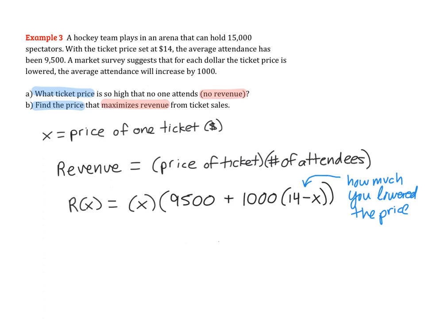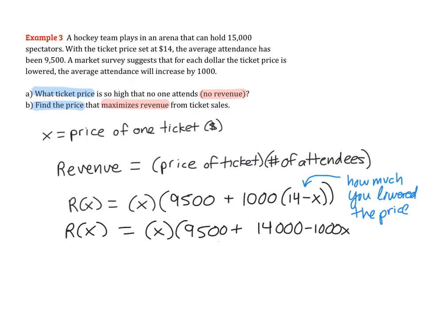Now we want to combine like terms and multiply this out so we have a quadratic equation. So I'll start by distributing here. So we have 14,000 minus 1,000x, and I can combine like terms and distribute the x on the outside.